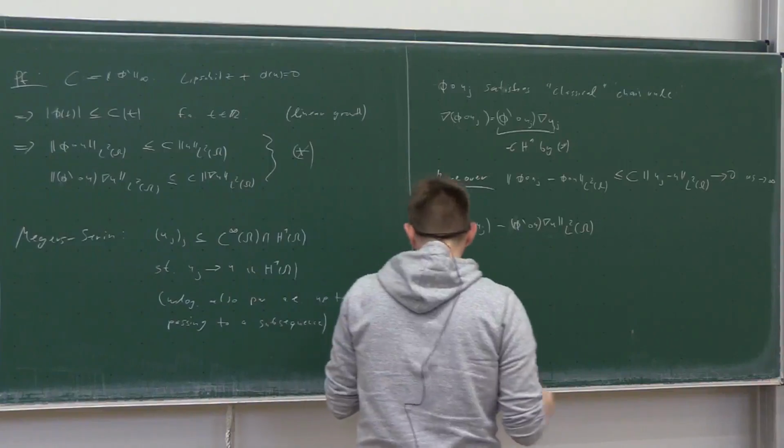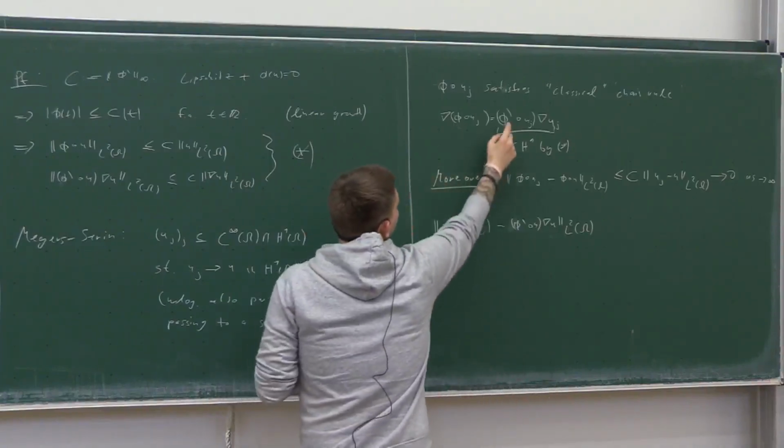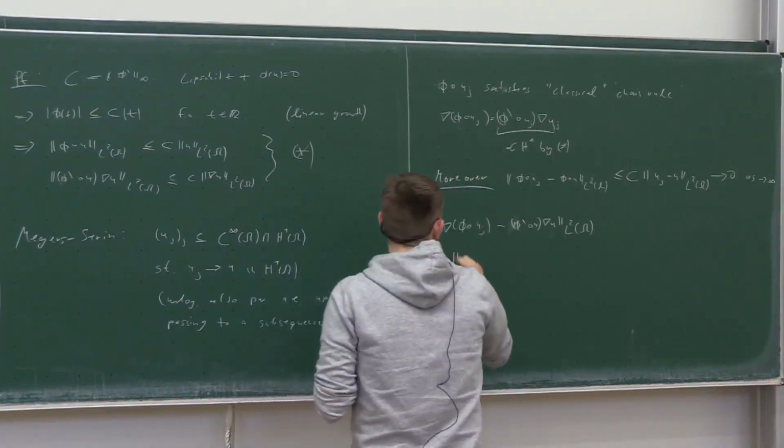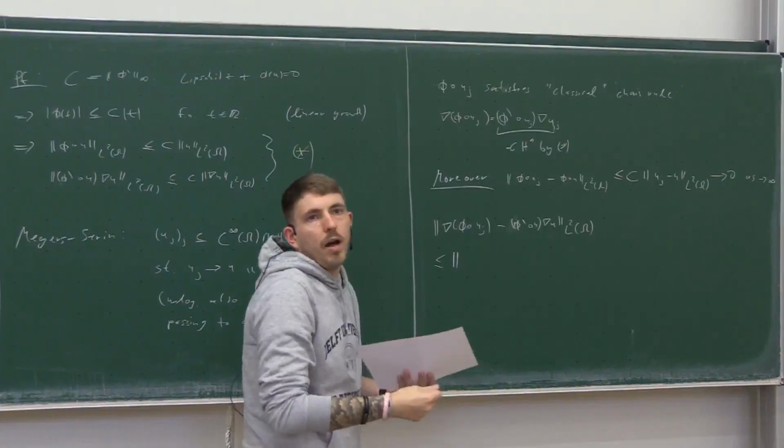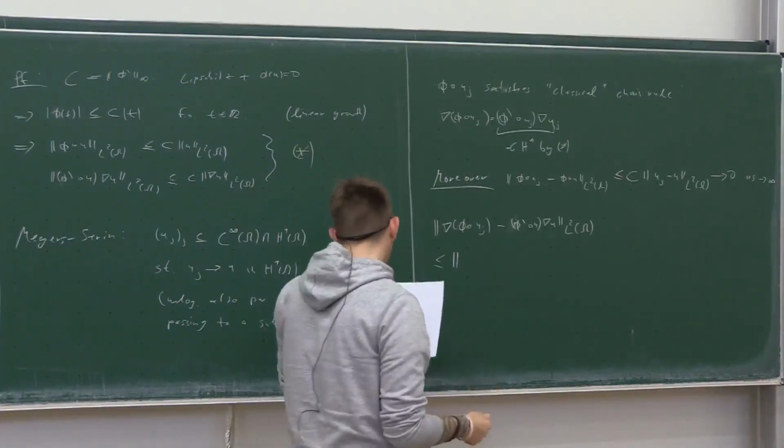I can bound this by plugging in this identity, and then I add some zero term to group things nicely.